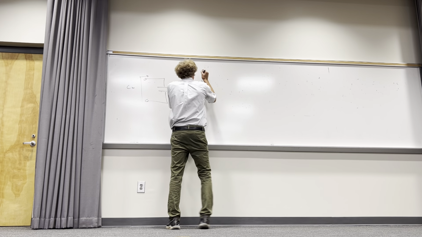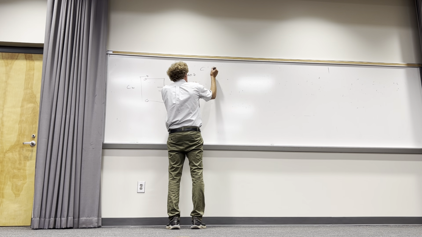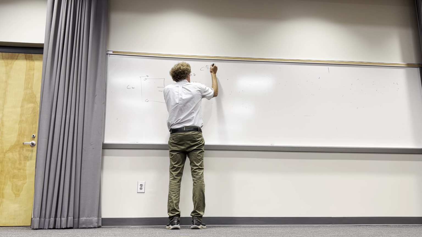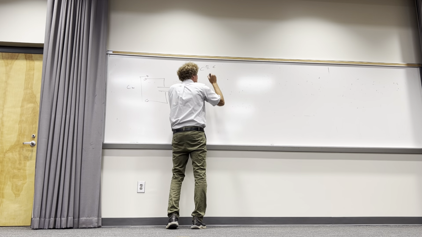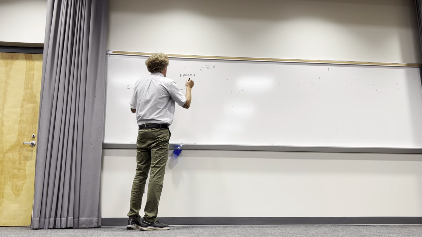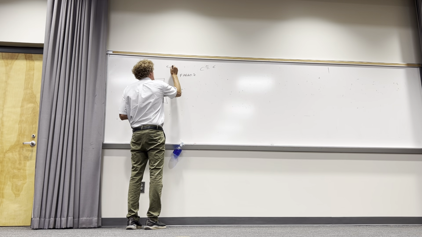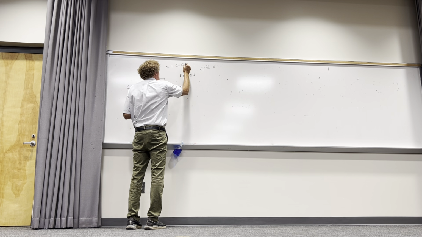Matter of fact, I'll just tell you, for parallel plate capacitors, the approximate formula for capacitance is proportional to the value epsilon. And epsilon is actually, I'm just going to go ahead and write it down, epsilon naught times epsilon relative.